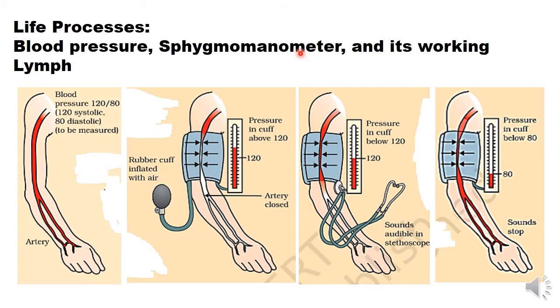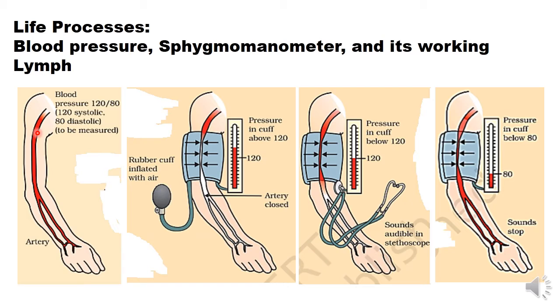So how does the sphygmomanometer work? What do we do, children? If I am trying to obstruct or stop the flow of blood in this artery, whenever I release the blood flow again, it will start flowing with the same pressure which the ventricular contraction had exerted before.